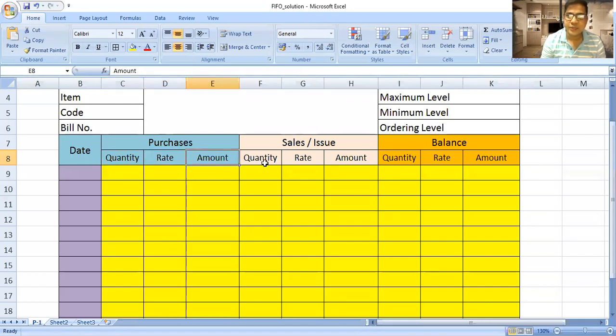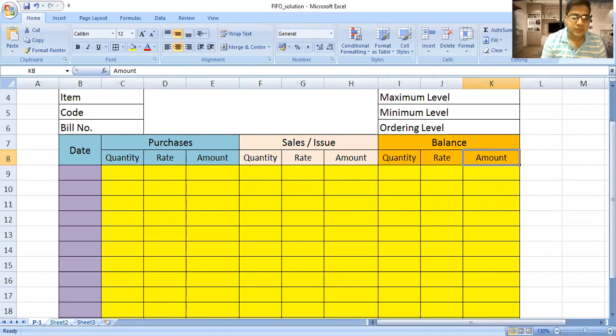Sales also has three columns: quantity, rate, amount, and balance also three columns: quantity, rate and amount. So one, two, three, four, five, six, seven, eight, nine, ten. We have to prepare 10 columns for this stock ledger, and we will apply the first in first out method.